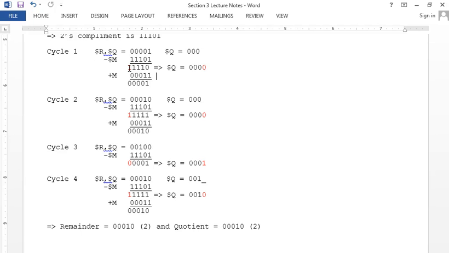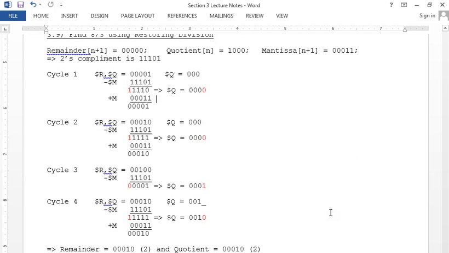Okay. So, any other questions before we go to non-restoring division? Before we do, what do you think we would have to do in order to actually physically implement this? What actual arithmetic operations are we doing?